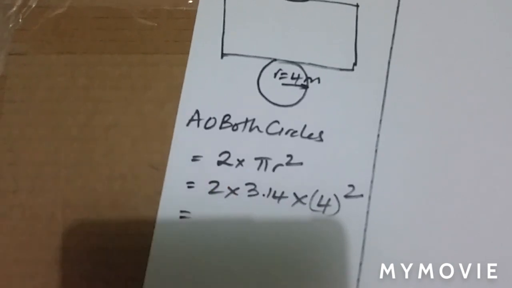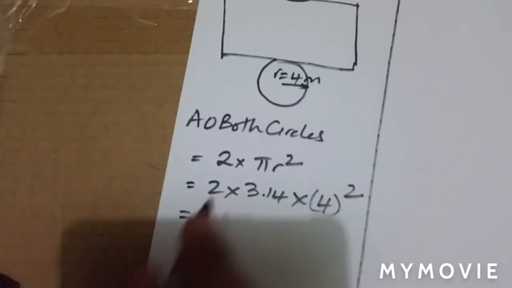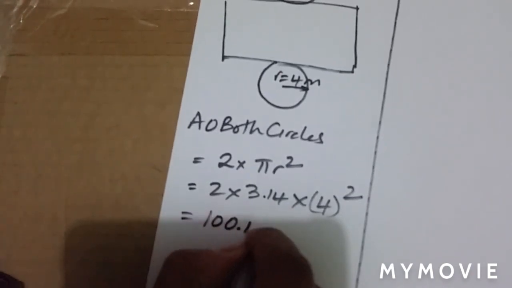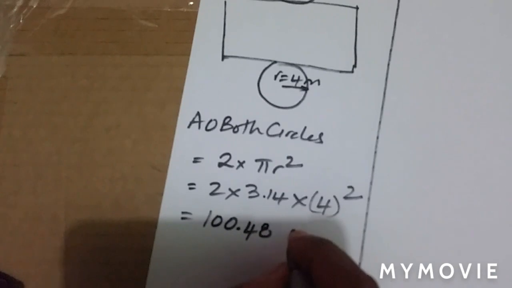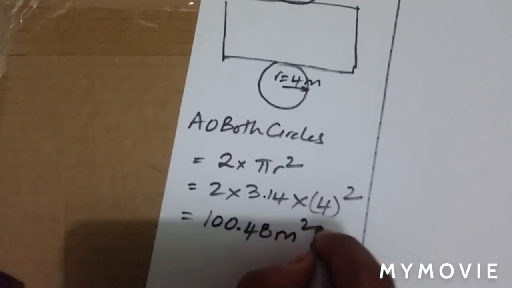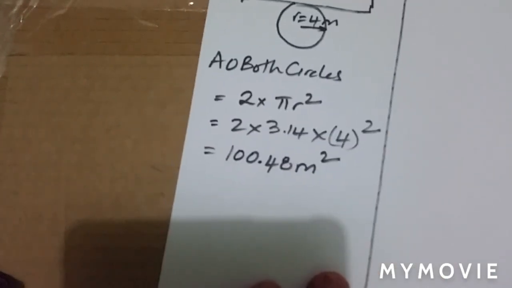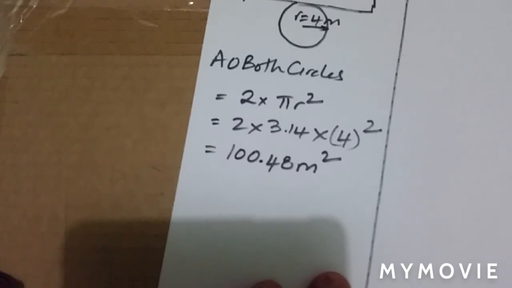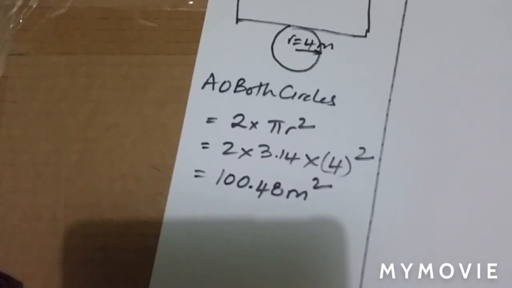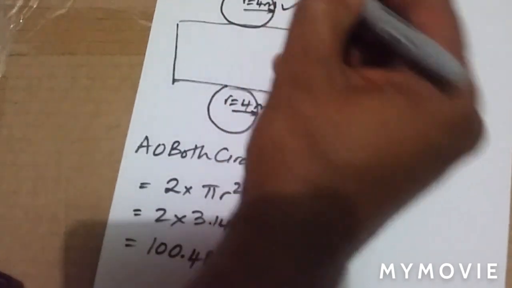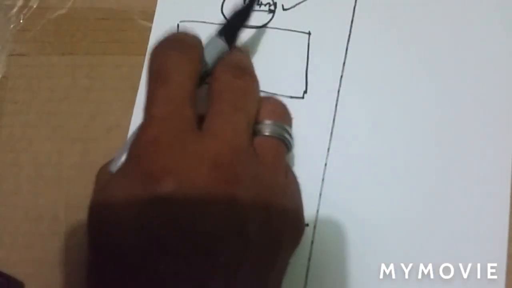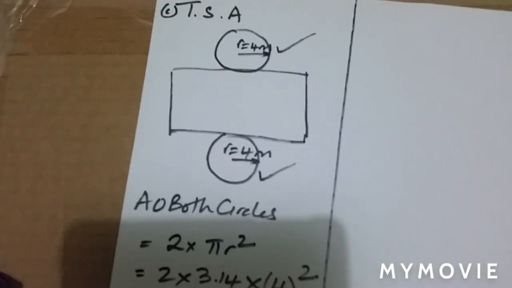So of course, let's just run through this quickly. So this would be 2 times 3.14 times 4 times 4. And that answer would be 100.48 meters squared. So that would represent the area of the two circles, okay? And we would need that in order to go about finding the total surface area. So I found the area of that, found the area of that. Now what is required now is the area of the rectangle.